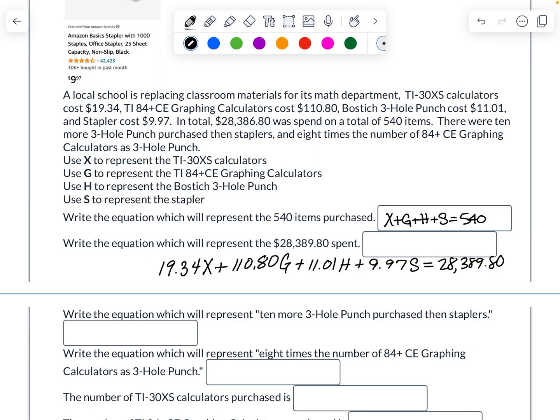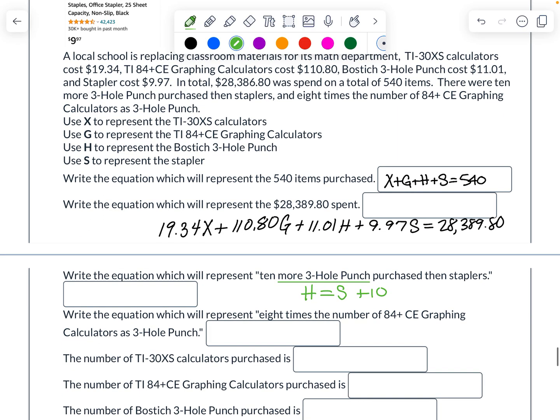There are 10 more punches, and punches are the H. So H equals the other guy plus 10, and staplers are S's. So H equals S plus 10.